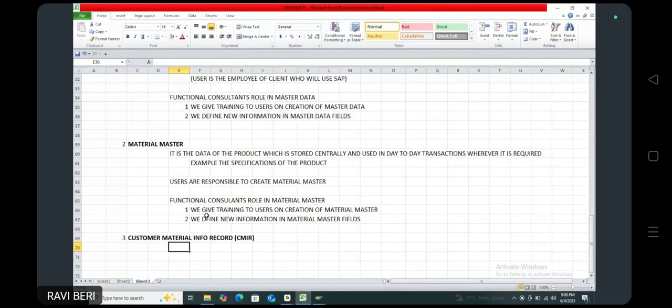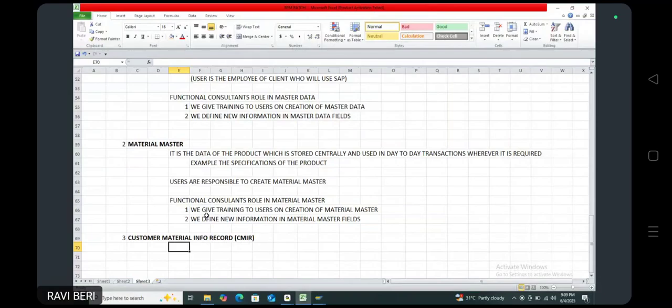Both teams will match the material codes, since they have knowledge of their products. They will finalize: if the customer material code is this, then the company material code is this. After finalizing that, they will give this to the company. Then the company user will create this customer material info record. Here they will assign the company material code and customer material code in this master data.